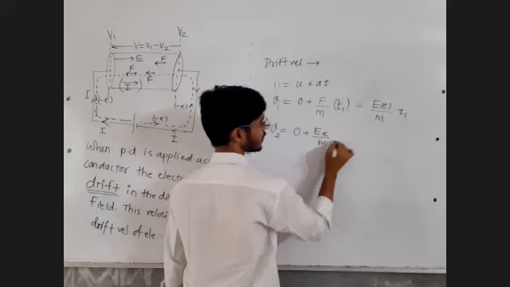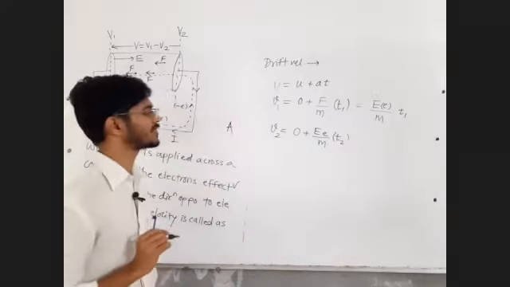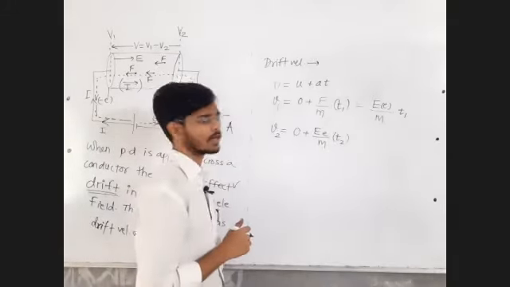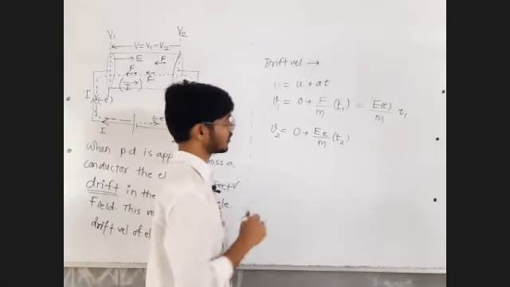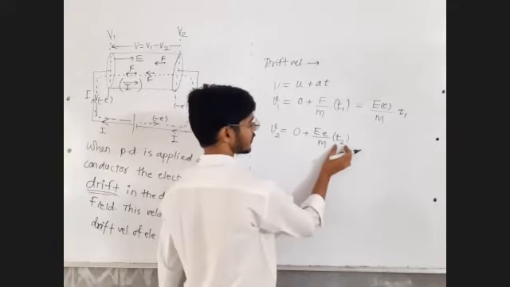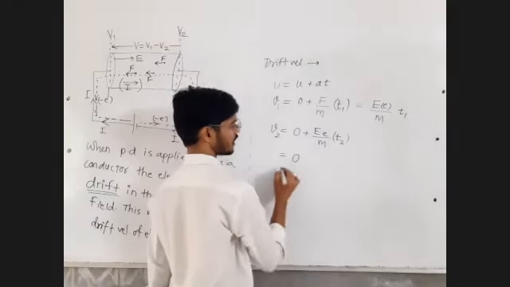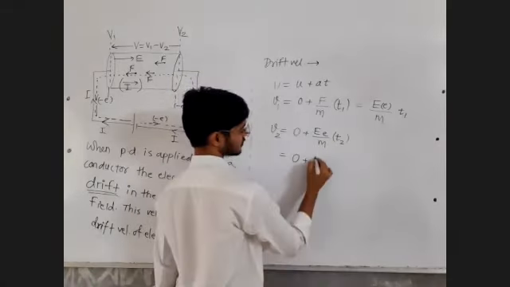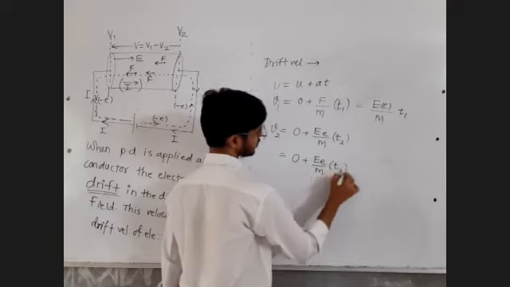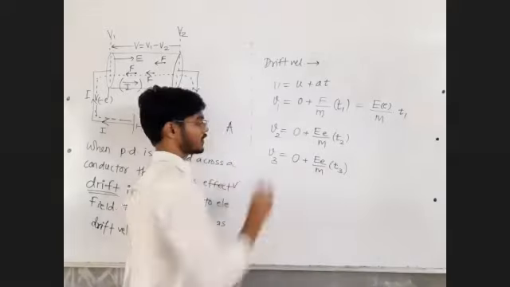For the second collision, let's say it takes time equal to T2, and again it collides with another atom, another electron or another molecule, whatever is present inside that conductor. This is the time required for the second collision. Now again it almost loses all of its energy. Again its initial velocity you can take as approximately 0, plus E by m into the time required for the third collision, and in this way the electron is moving in the forward direction.